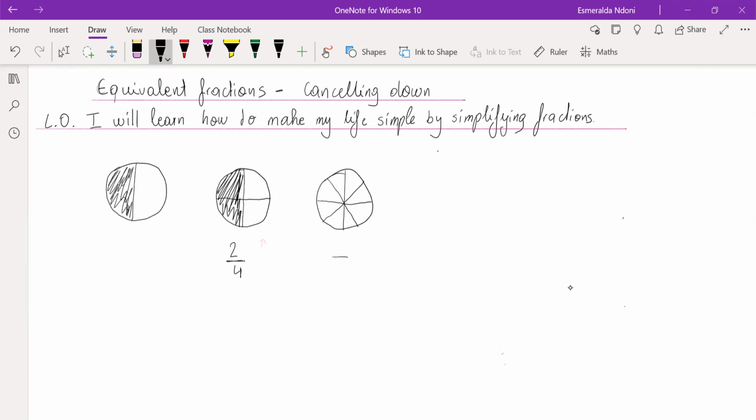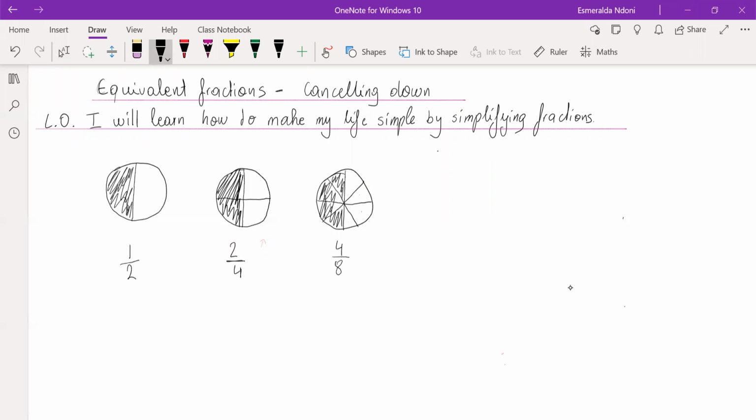So now I count how many pieces I have cut. 1, 2, 3, 4, 5, 6, 7, 8. There'll be 8 pieces. And then I'm going to shade 4 out of them. So on the first one, I only shaded 1 out of the 2. As you can see from these pizzas, I apologize about my drawing.